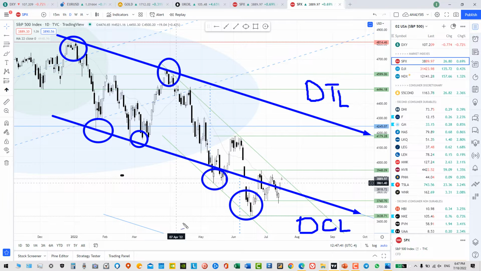In order for the index to be relatively healthy, we need the index to manage to close above the down channel line all the time, because this gives us hope of a correction at any given time.